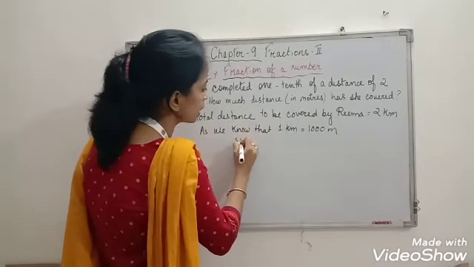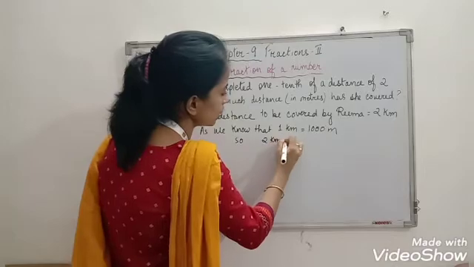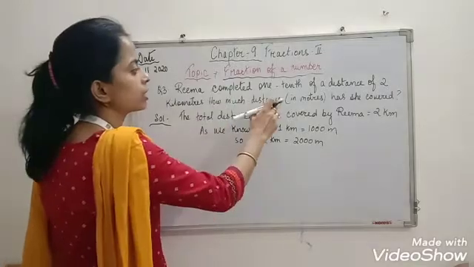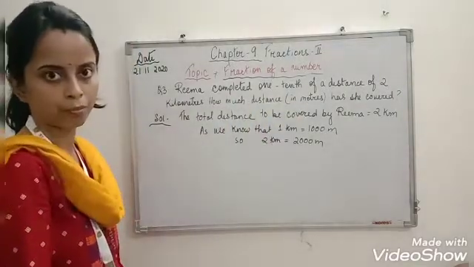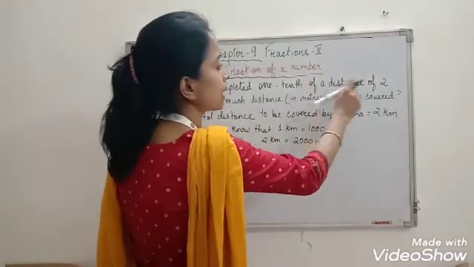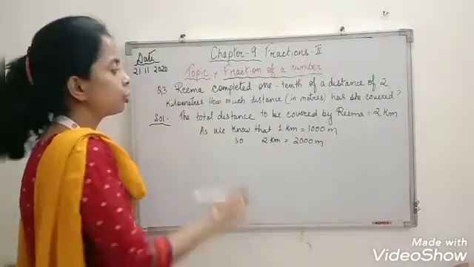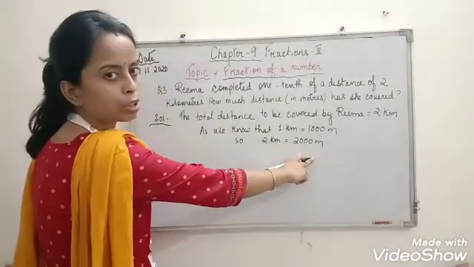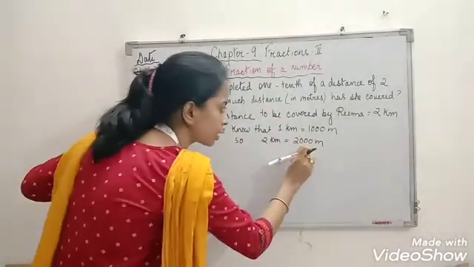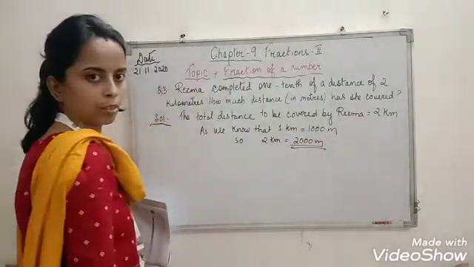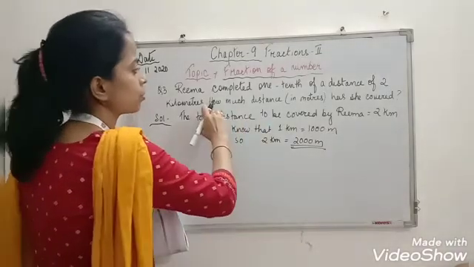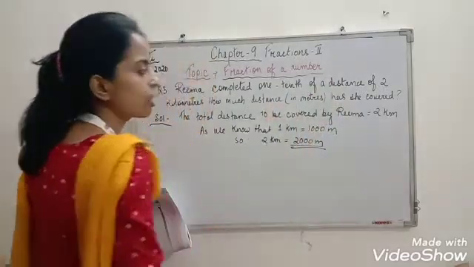So 2 kilometers equals how much, children? 2 kilometers equals 2000 meters. As the question is already asking how much distance in meters she has covered. So Rima completed 1/10 of a distance of 2 kilometers. 2 kilometers in meters, it comes to how much? 2000 meters. Alright, so we are going to find out what? 1/10 of 2000 meters. As the question is asking how much distance in meters has she covered.